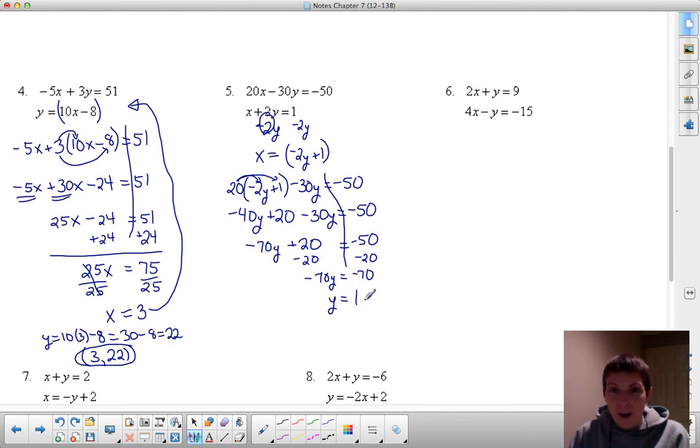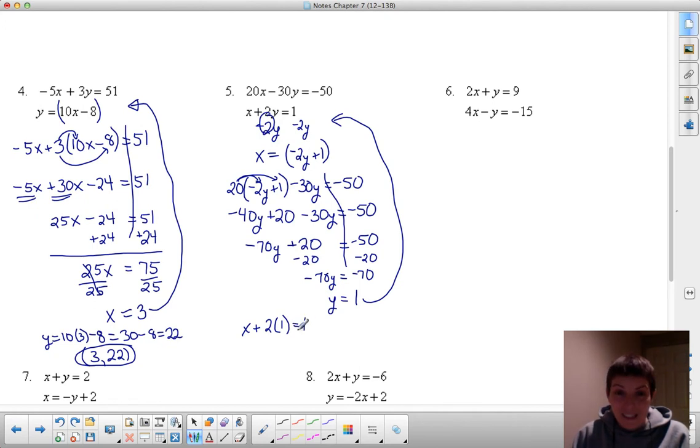Once we have that y equals, remember that's not enough information. You have to go back up to any of the problems that have both an x and a y and plug it in to solve. So I took the y value out.